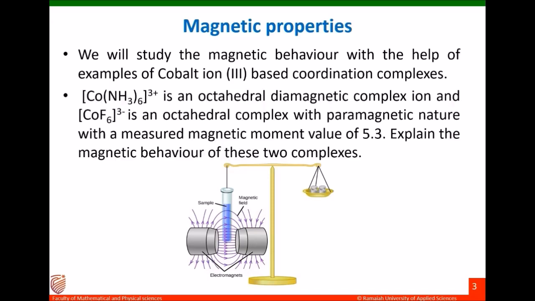For example, [Co(NH3)6]3+ is an octahedral diamagnetic complex ion, and [CoF6]3- is an octahedral complex with a paramagnetic nature with a measured magnetic moment value of 5.3. Explain the magnetic behavior of these two examples. So, similar complexes with different magnetic properties. Why they are having different magnetic properties, we are going to explain.